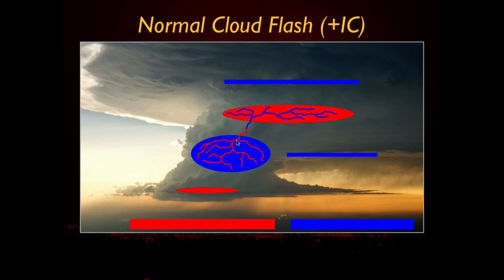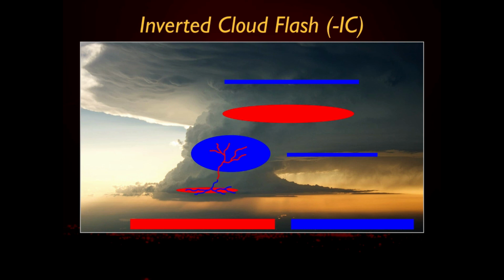And if you have downward propagating positive leaders, and say you have a bright, strong, impulsive recoil leader that makes a connection with an existing channel, that could be registered as a positive IC event by the NLDN associated with a cloud flash. So really between any charge regions we can get this development associated with a cloud flash.